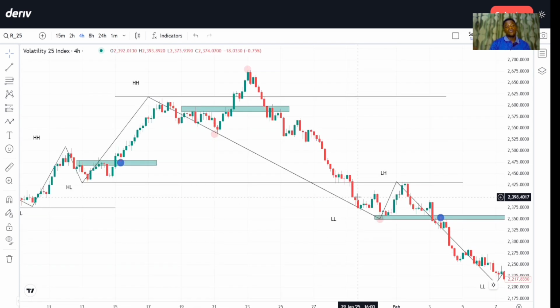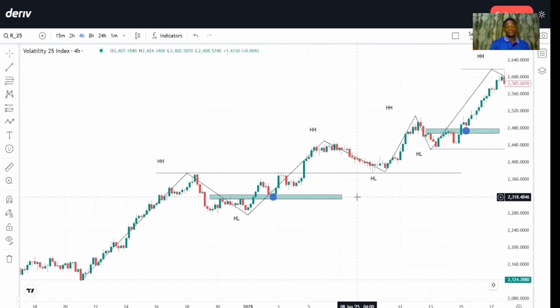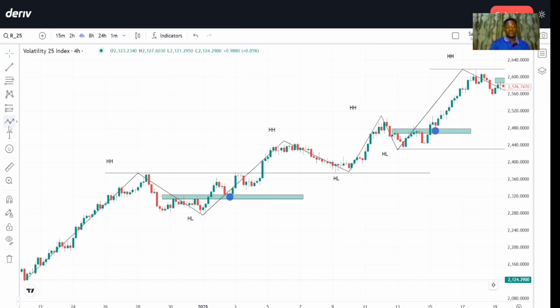So if you do not want to use support and resistance, what do you use? You use mini trend as well. So here we have a trend like this.